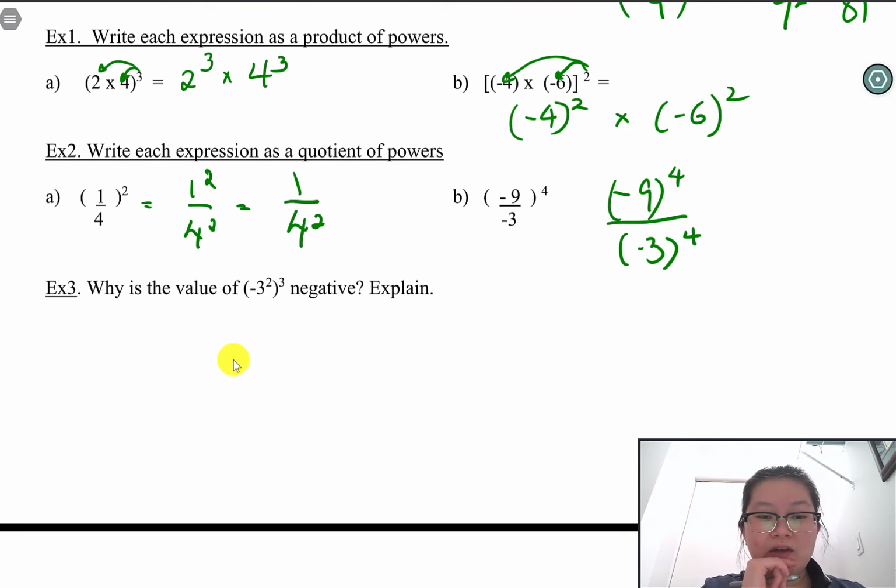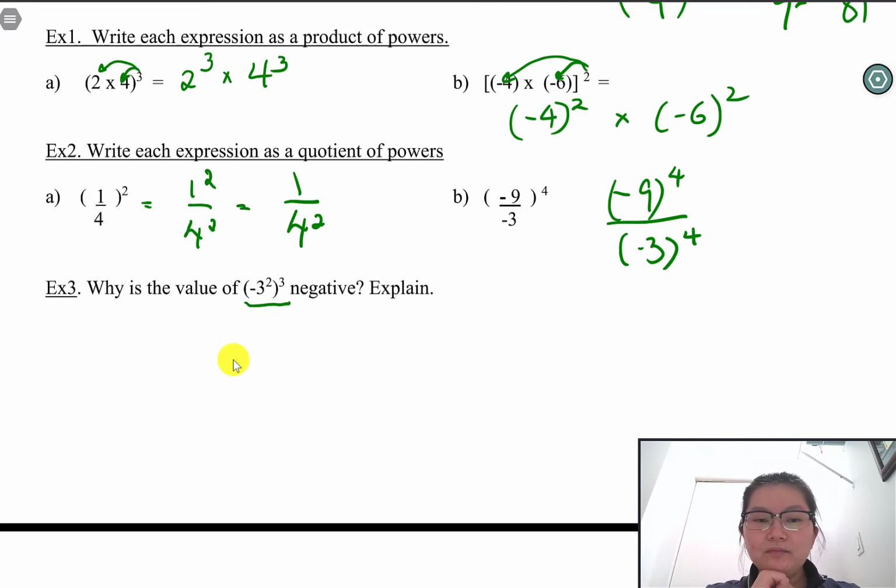Why is the value of this thing negative? Explain. So yes, we often are not very good with explain questions because we tend to miss certain details or certain steps in the thinking process.